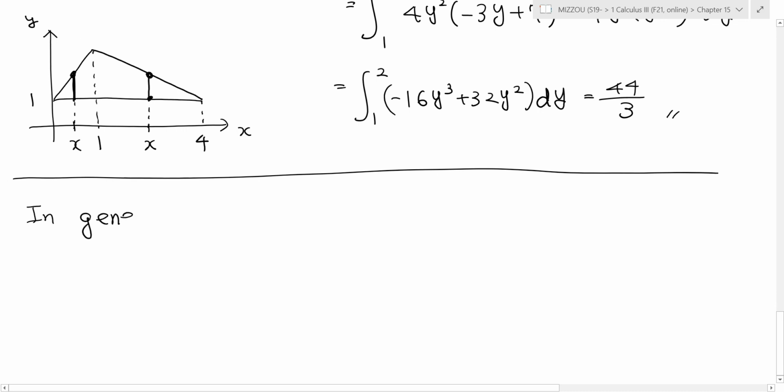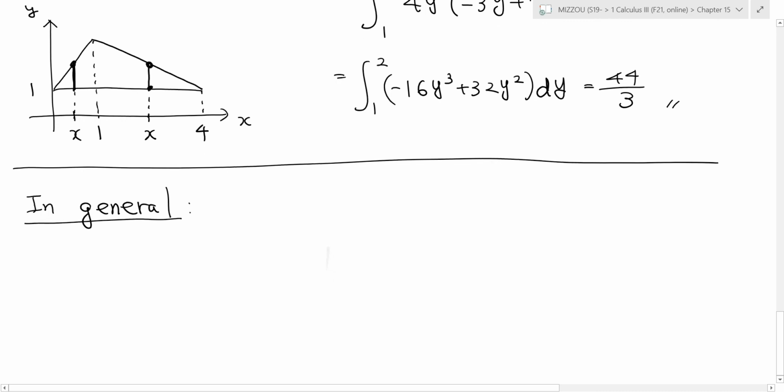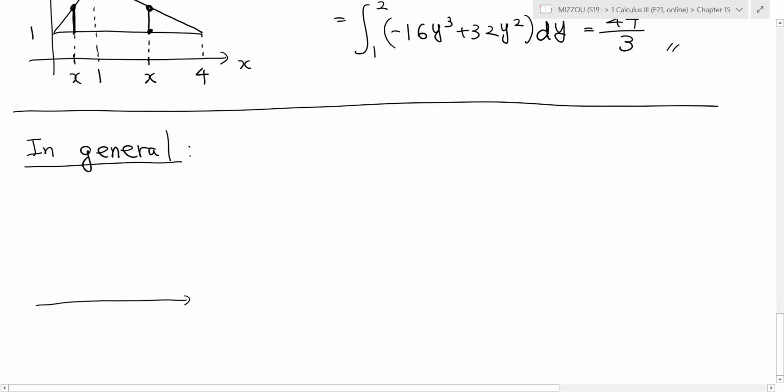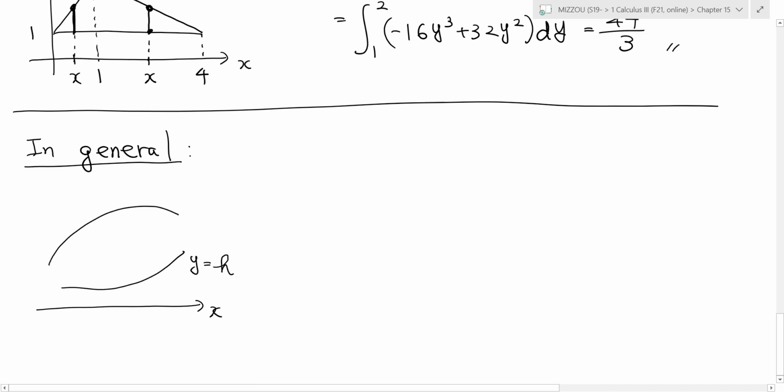In general, if your region is like this, you have a curve given by y equal to some function of x, h of x, and above you have y equal to some function of x, g of x.